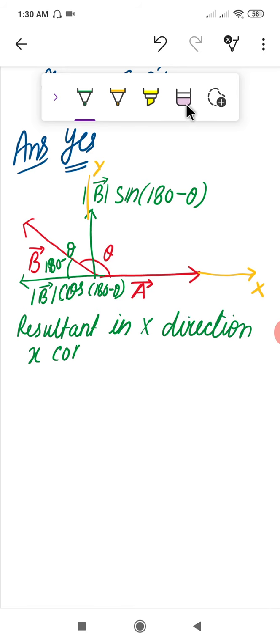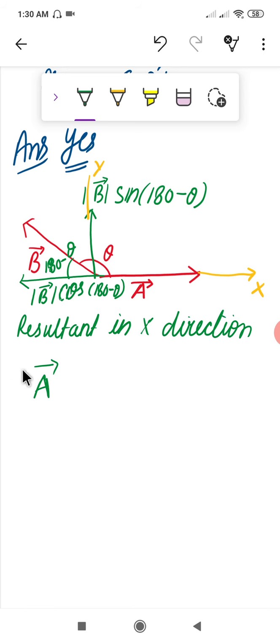The resultant in x direction is: in this direction vector A is given and it is opposed by B cos (180 minus theta).